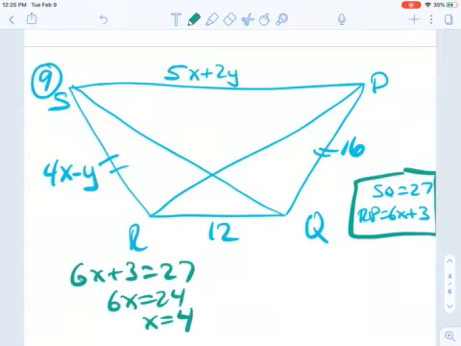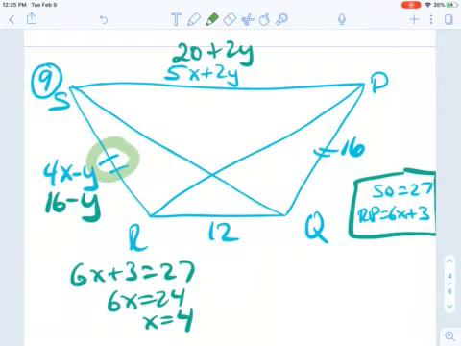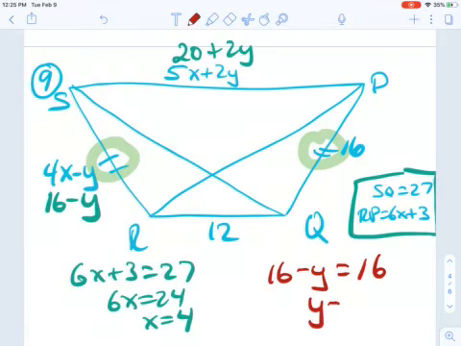So on the left here with its 4x minus y, that's actually 16 minus y then. And on the top it's 20 plus 2y. I also have congruent tick marks here on the left and the right sides because it's an isosceles trapezoid, so I can set 16 minus y equal to 16, which means y equals 0.